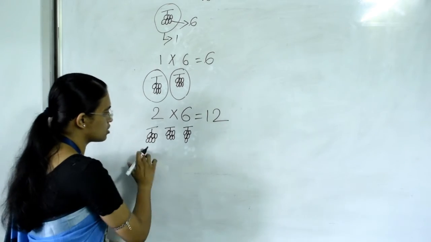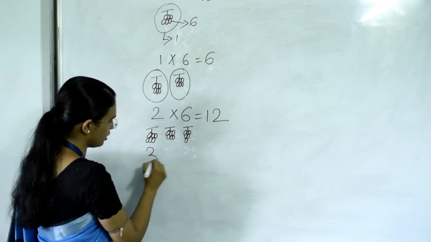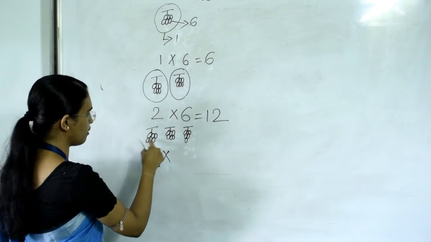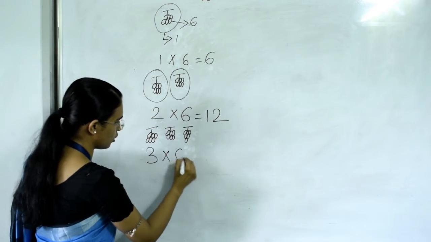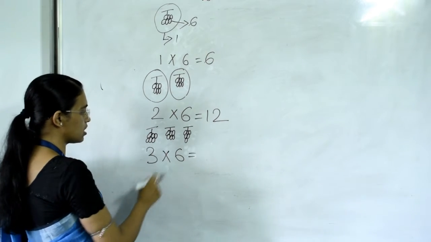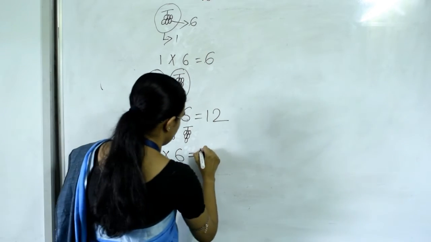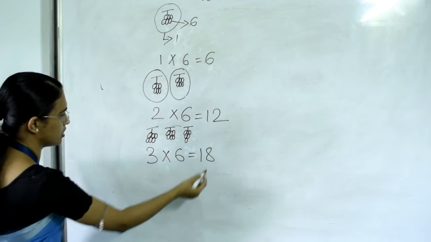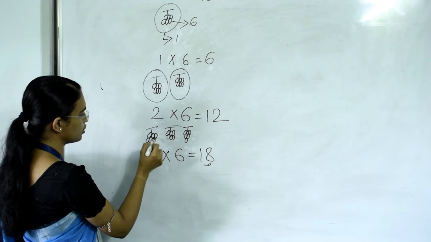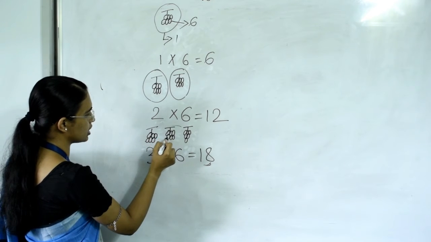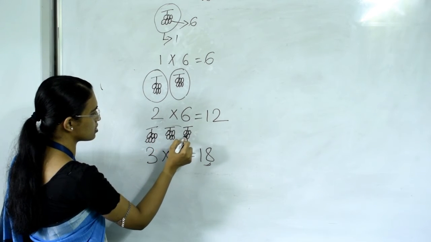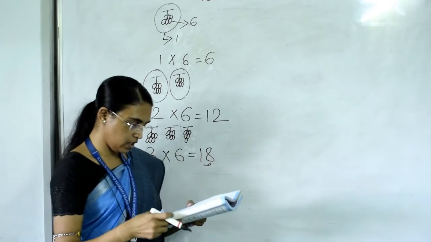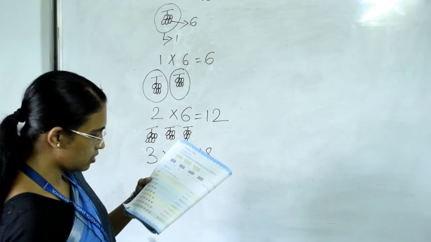So for the 3 bunches we have written 3, then the multiplication sign, and for each bunch of 6 grapes we have written 6. So 3 6s is 18. Now if you add all these grapes, you will get the same answer. Look, 1 2 3 4 5 6 7 8 9 10 11 12 13 14 15 16 17 18. We have done this one. Now in this way you have to do the rest of the sums.